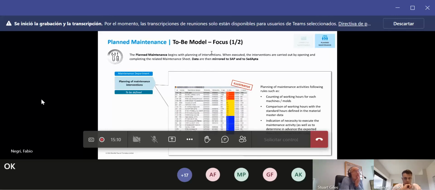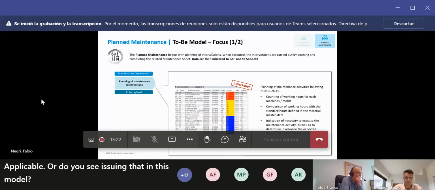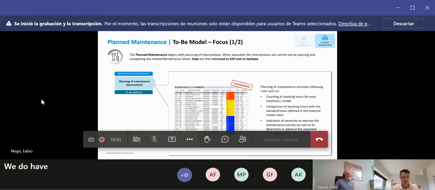Okay, and from the other countries, do you see this applicable, or do you see issue in this model? Maybe from Germany, we do have Paul from Germany.